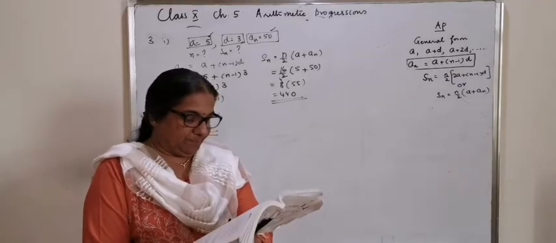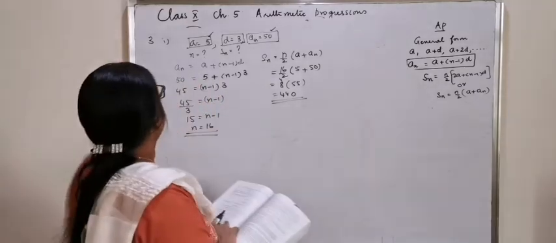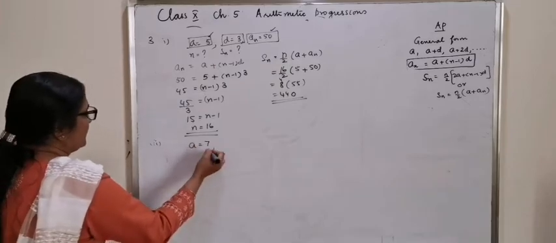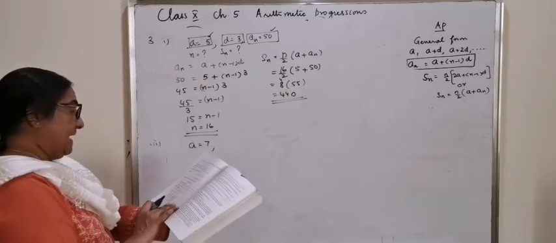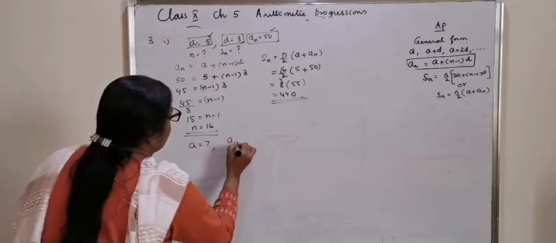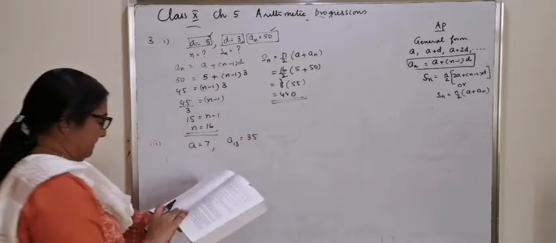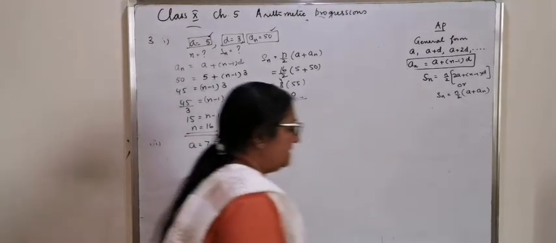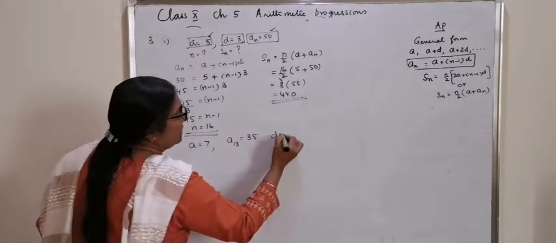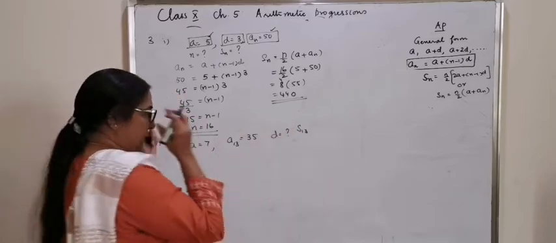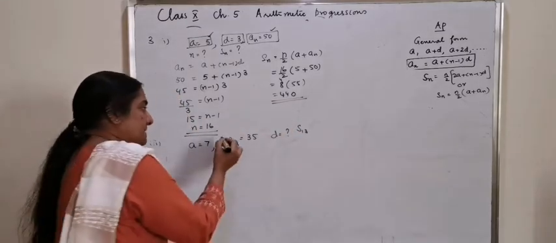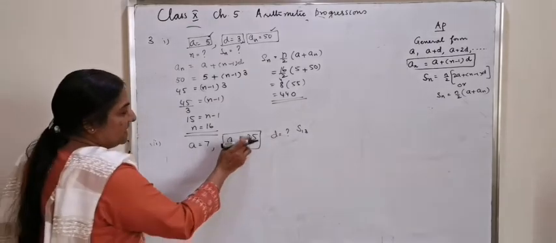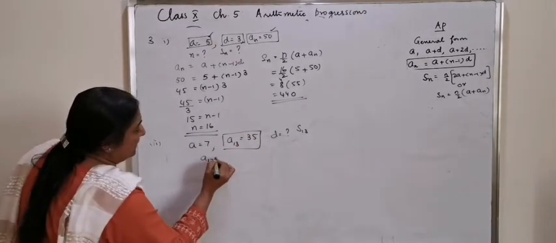The second subdivision: the first term A is 7, then A13 is 35. Find the value of D and S13. You are supposed to find out what is D also, what is S13 also. Start with the available condition. A13 is equal to 35.